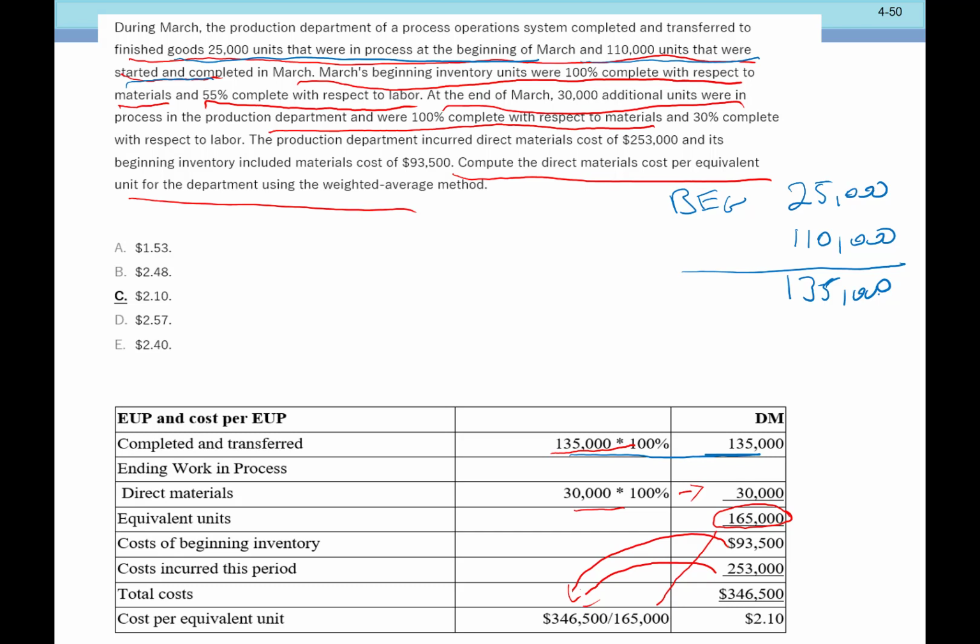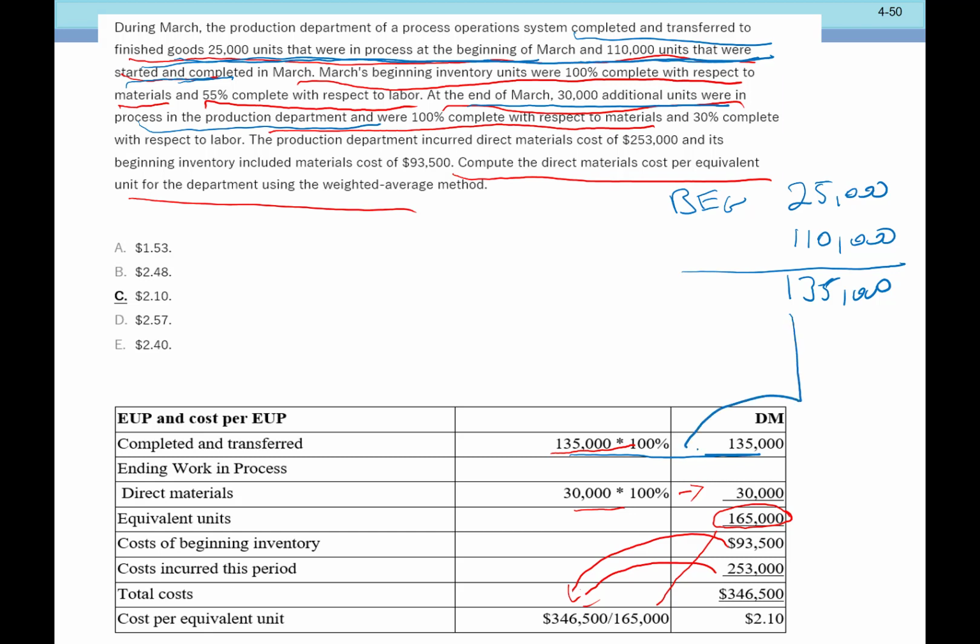Then they tell us, why is this not looking like it's going to work out? Completed and transferred: 25,000 units were processed at the beginning, 110 units were started and completed. At the end of March, there were 30,000 units in process in production. So for this one, we have to assume that they completed the full 135.